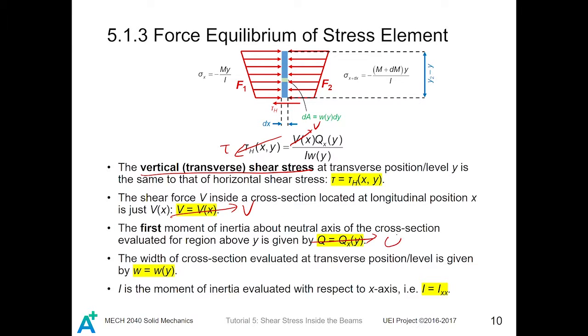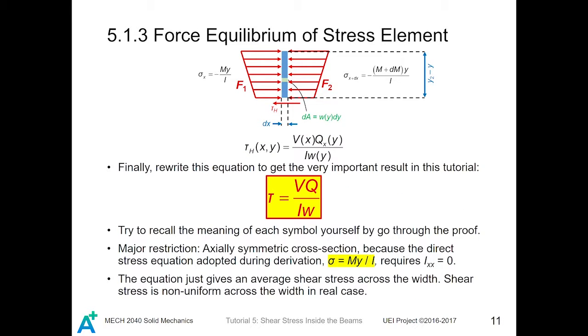It is just Q. For the second moment of area, there is nothing worth simplifying. You just bear in mind that this moment of inertia is evaluated with respect to the horizontal axis. The width of the cross-section at a particular position y is just w. Finally, you will get this very important shear formula, tau equals VQ divided by Iw.